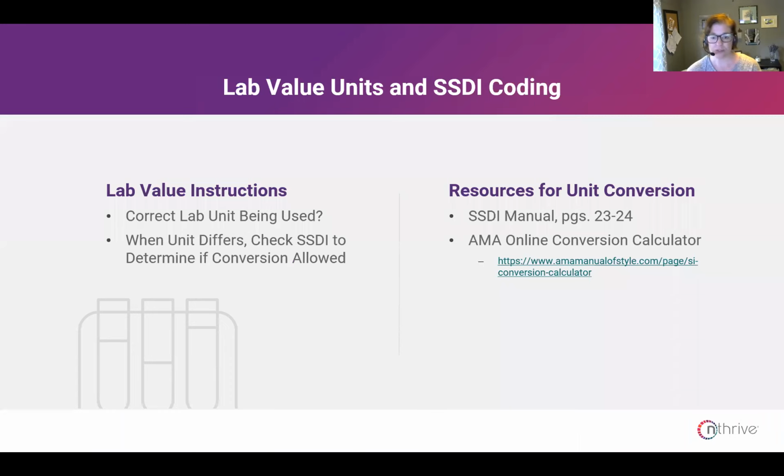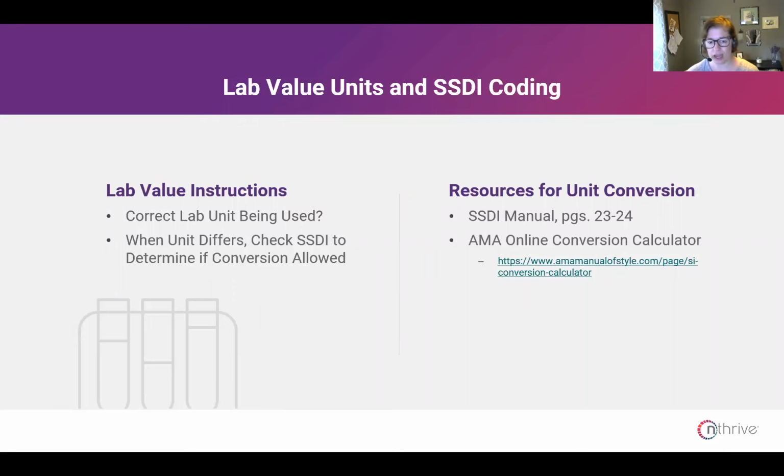Lab values can be tricky when recording SSDI data items. There's two things we need to consider. Are we working with a different lab value unit in the EMR that's not compatible with the SSDI manual? If so, is the lab value in question allowed to be converted?